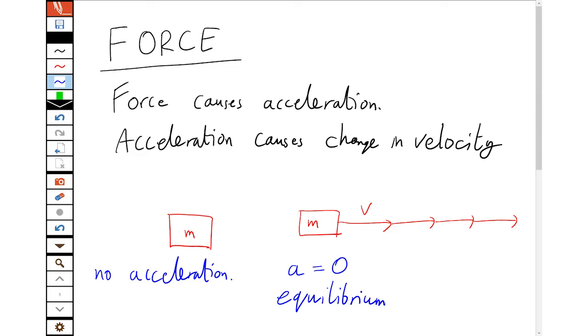A key word we'll meet. You can have static equilibrium when it's just sitting there, or dynamic equilibrium where it's moving, but the acceleration is still zero. This concept is also sometimes called inertia, the idea that if something has no external forces acting on it, it won't accelerate. And these do have to be external forces.